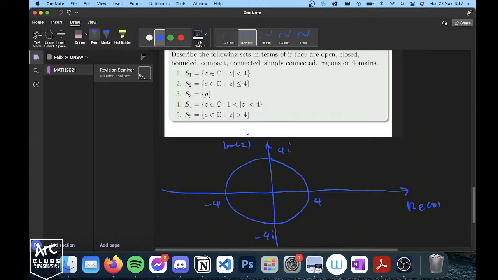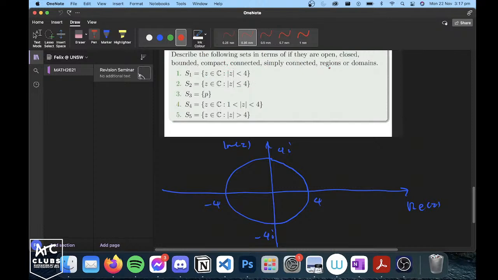And like set 1, it's also bounded because we can find a circle like this where all of its points are contained within that circle. And so that's why it's bounded. And because it's closed and bounded, it's also compact. Very similar to 1, it's also connected, and it's also simply connected for the same reasons.